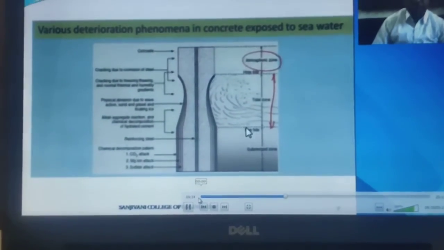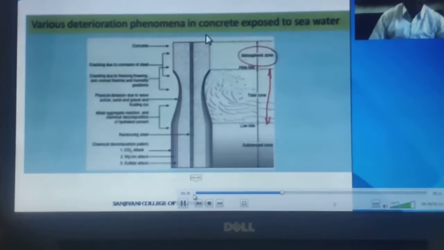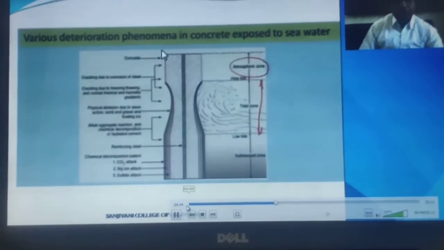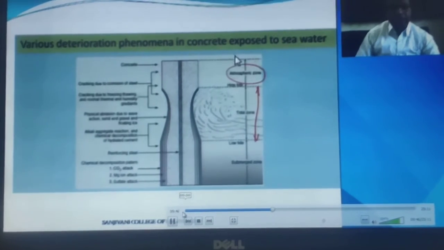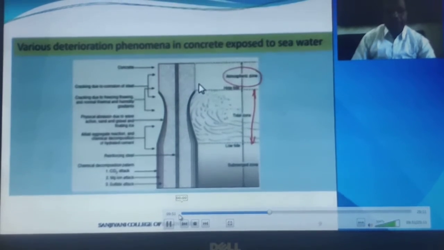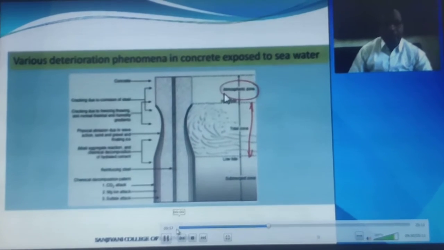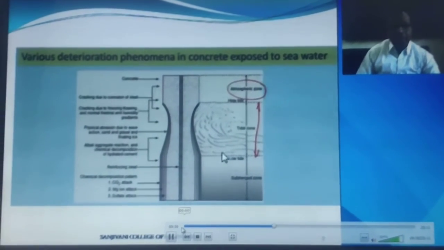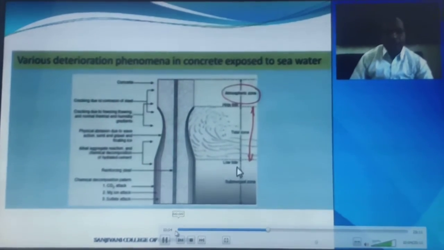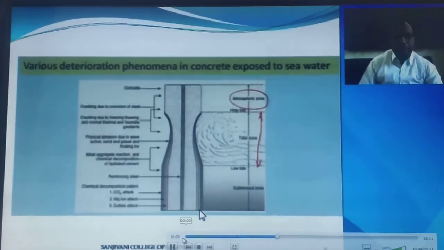This figure is self-explanatory. It is a figure of a pier, a bridge pier or a beach structure, showing various deterioration phenomena in concrete exposed to sea water. Some parts are not subjected to sea water, some parts are partially submerged, some are completely submerged, and some are below the seabed.